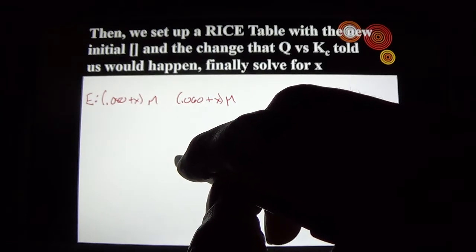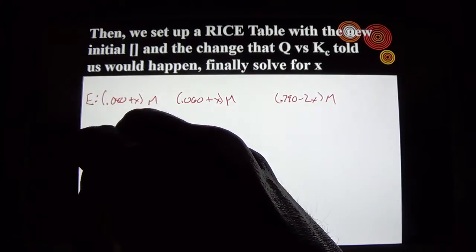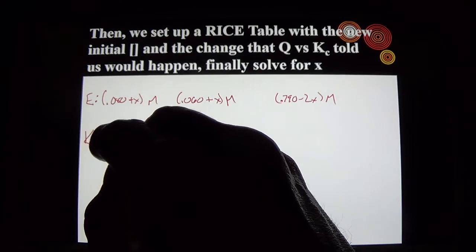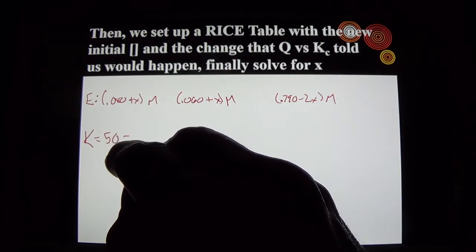So, we're going to get back to equilibrium. That means back to the original K worth 50. How are we going to get back to that?